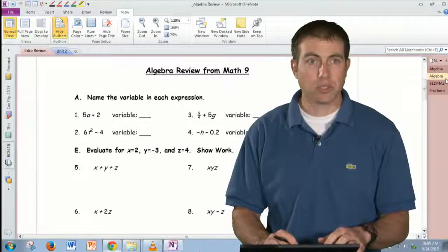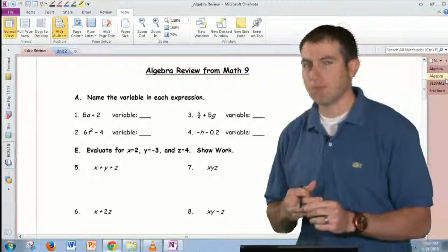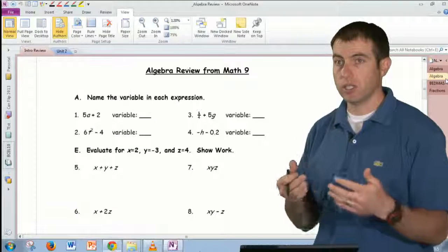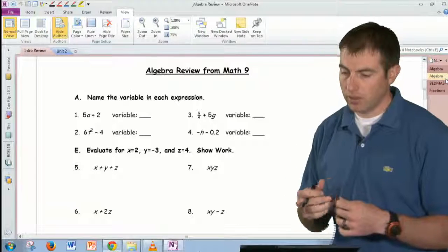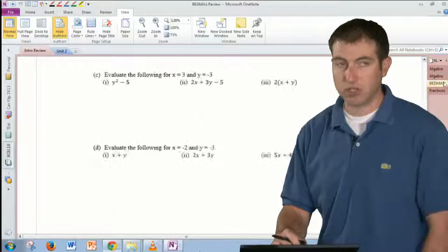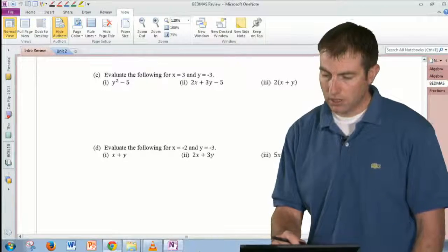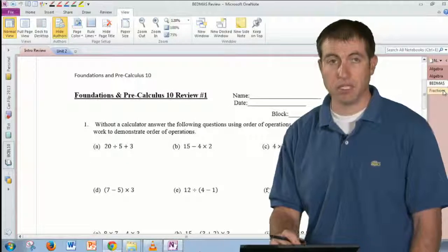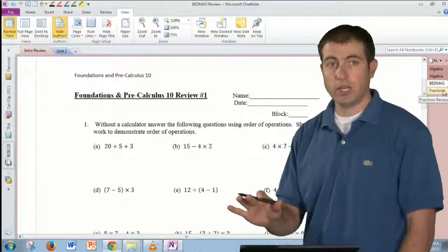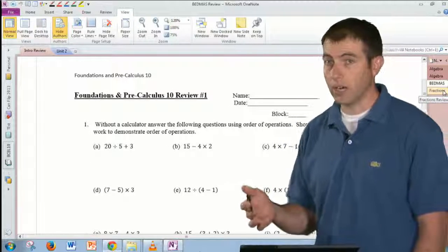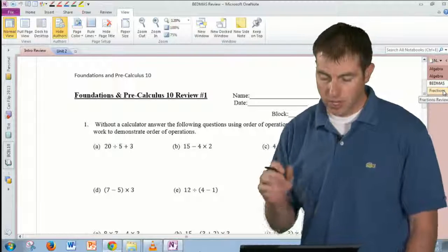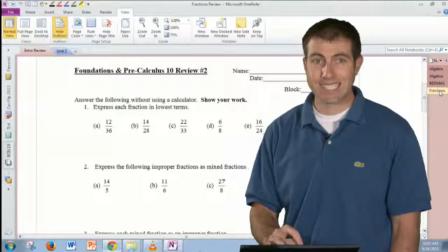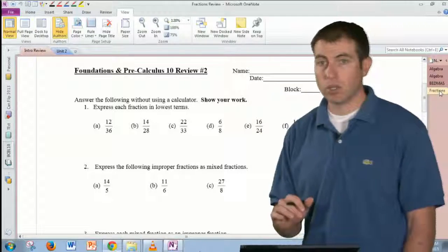There was another algebra sheet with some similar questions to the ones we did together in class. And then there was an order of operations, or BEDMAS, review. I think a bunch of you already submitted these, but if you had any questions, even though you've submitted already, feel free to ask. Just fire it right into chat. And then the fractions review, if anybody had any questions about that.